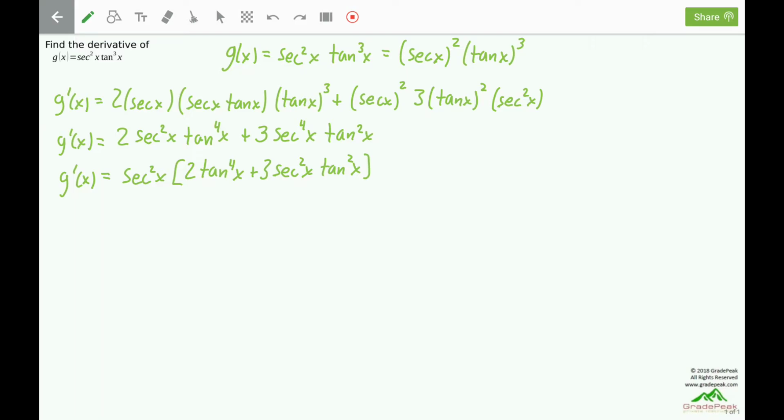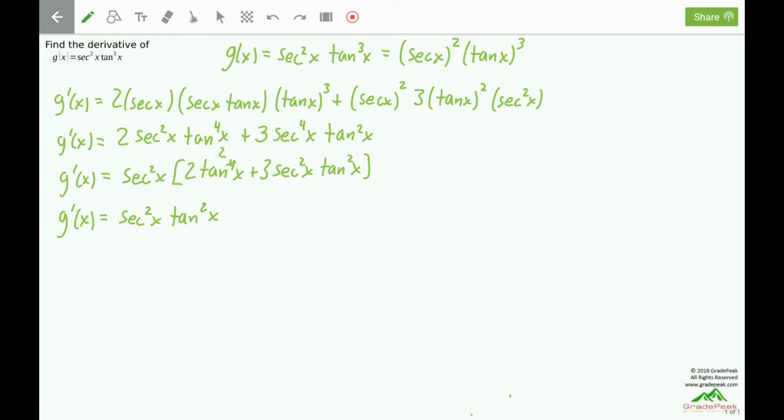In the next step, we can factor out a power of tangent. We have 4 powers here and 2 powers here. So we can factor out the lower, which is 2 powers. If we factor out 2 powers from it, it'll look like this. For the first one, we will be taking away 2 of the 4.